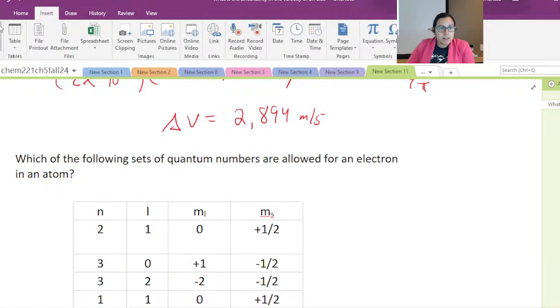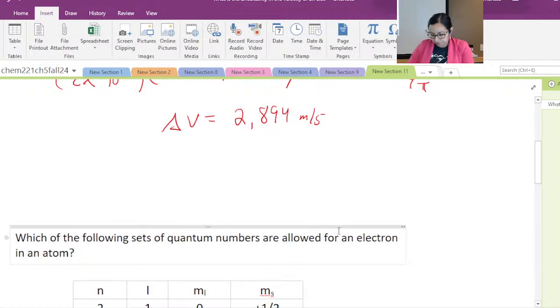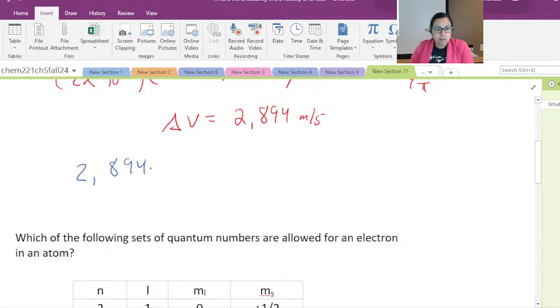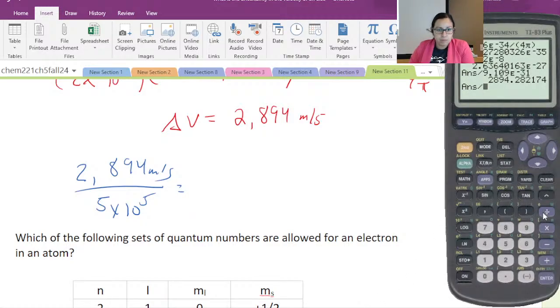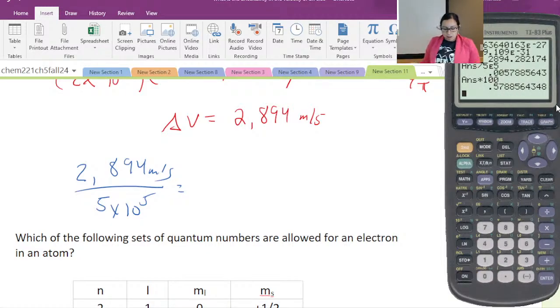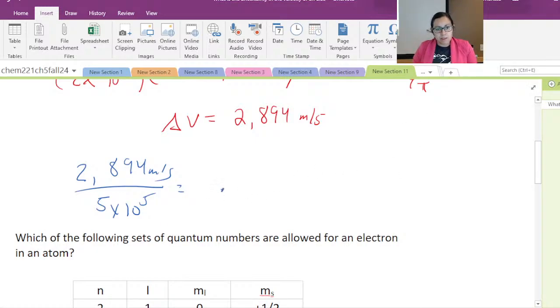So that's just asking you to take this answer and divide it by the measured speed to figure out our margin of error here. So times 100, and actually not too bad, like 0.6% error roughly.